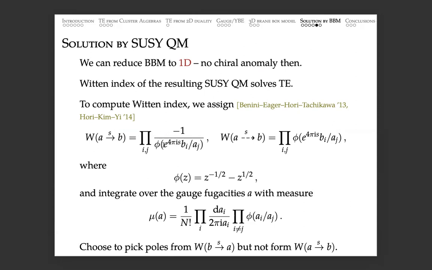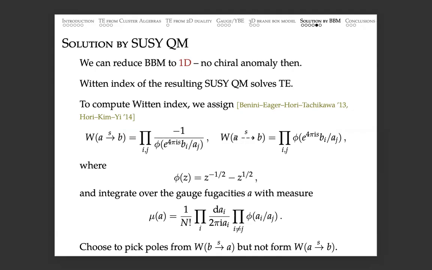Okay. And then I define this function phi of z, which is just the one written here. And then this is the Boltzmann weight for the interaction between spin variables at sites A and B connected by this arrow with charge S.